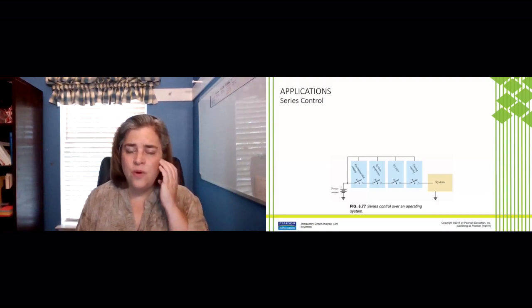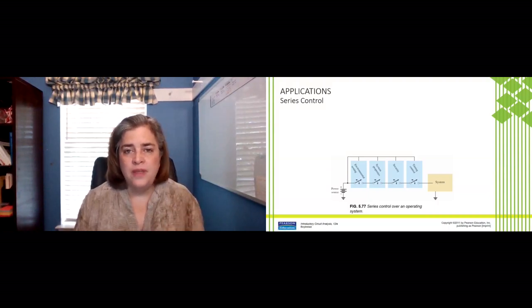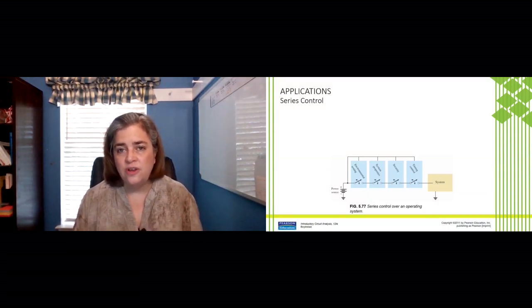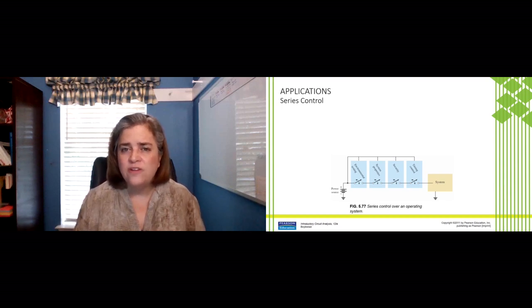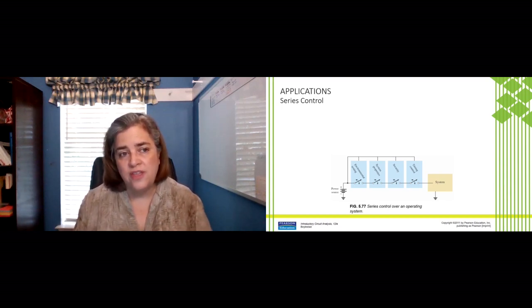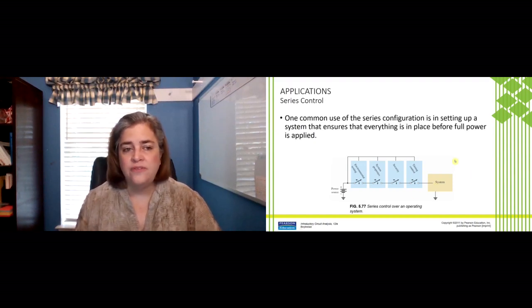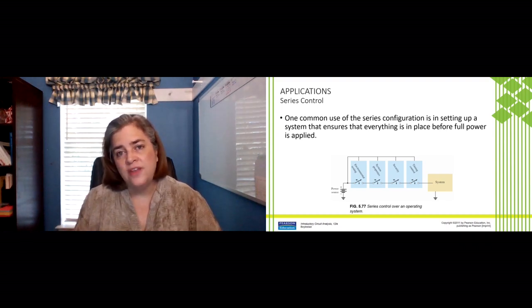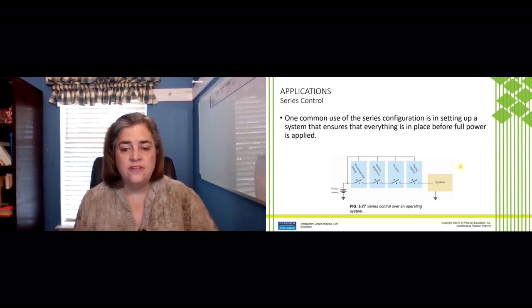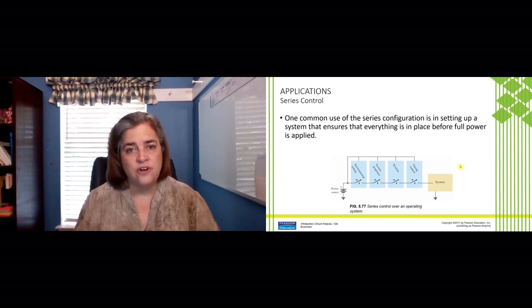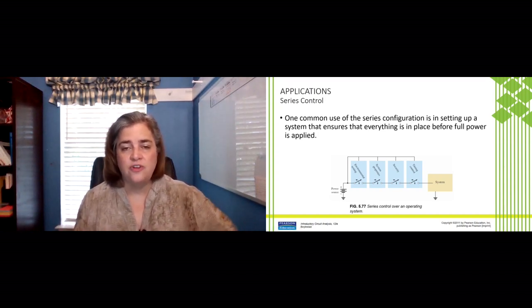Now, it's easy to see why it might not be a great thing to have a series circuit, right? If one thing fails, everything fails. That sounds really bad. However, there are some really good uses for that. For instance, let's say you have some kind of system where you need a certain number of things in place before full power is applied. For instance, let's say you've got a conveyor belt and you want to turn that on and it moves really fast, and that's great.